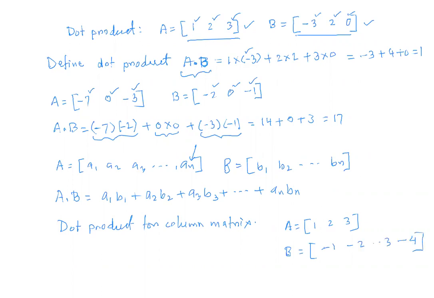I mean, you cannot do a dot product between the two. Why? Because this has 4 columns, this has 3 columns. They have to be the same dimension. Okay, so if you have this, then both have 3 columns, right? And 1 row. So you can do the dot product. Does it answer your question or no? Yes. Similarly for column matrices. Okay, great.